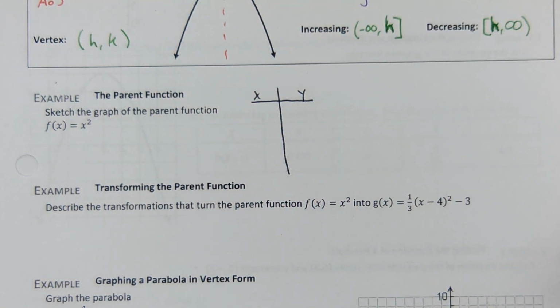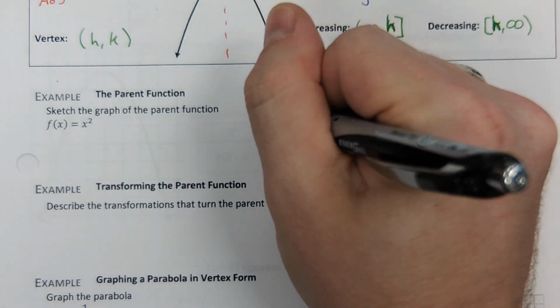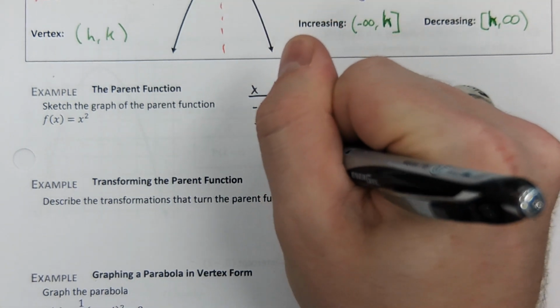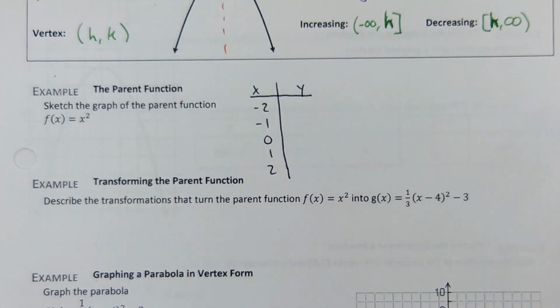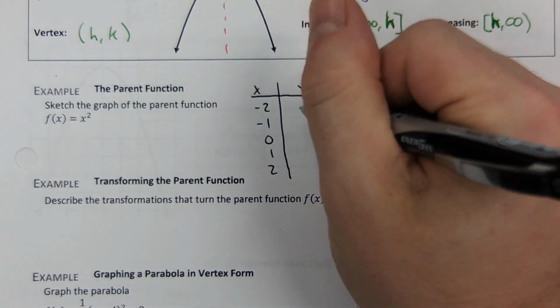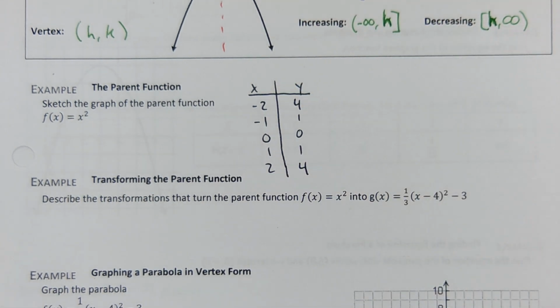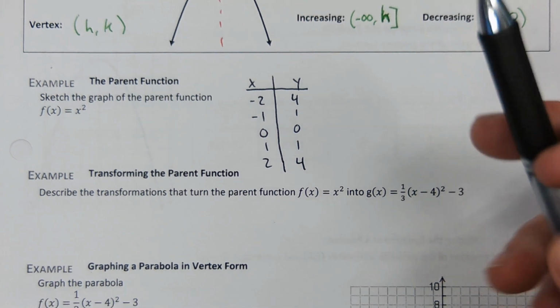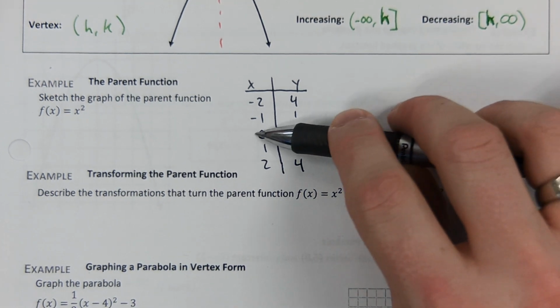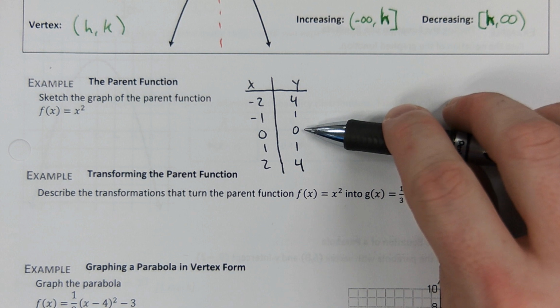We're going to plug in 5 values for x, because why not? -2 through +2. And just square those numbers. It's easy enough. Notice the y values in the table are symmetric around this middle point. That's because this middle point is the vertex.